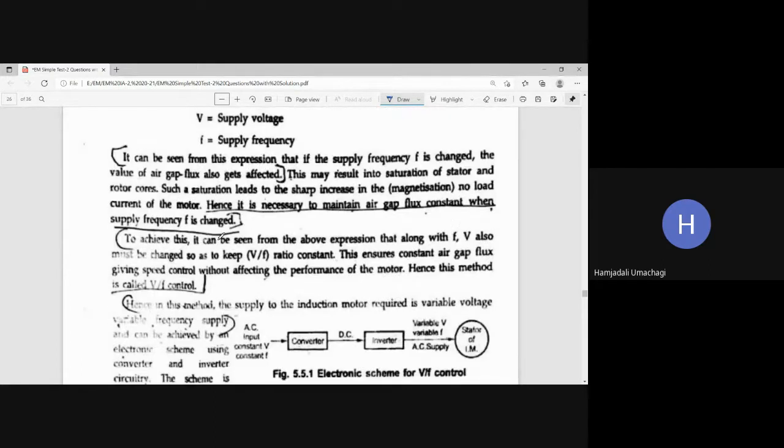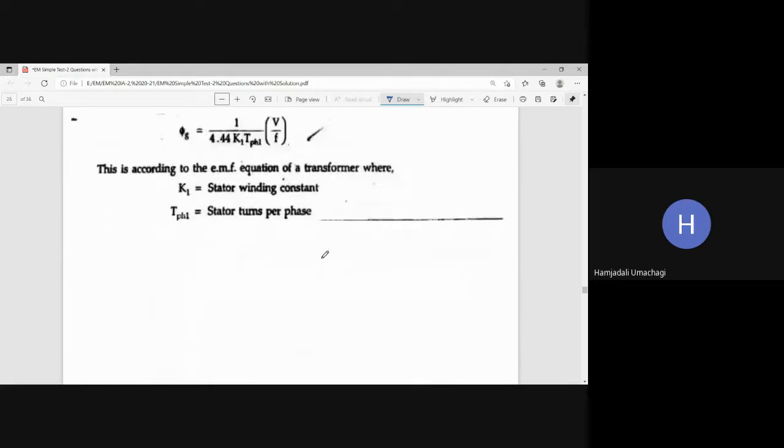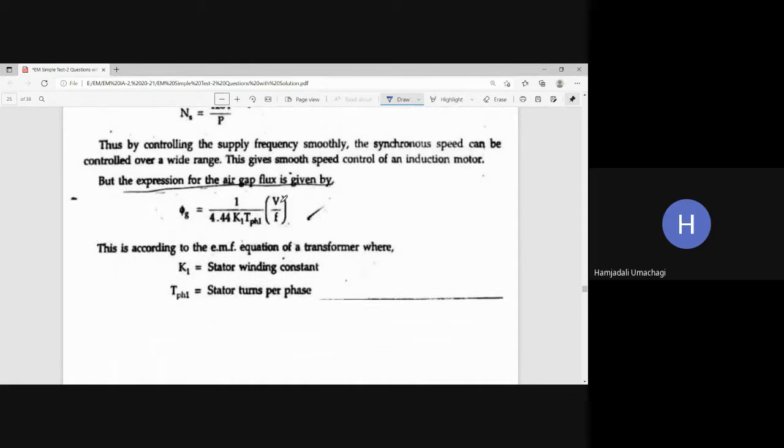To achieve constant air gap flux, it can be seen from the above expression that along with the frequency, the supply voltage V must also be changed, so that the ratio of voltage by frequency, V by f, remains constant. So don't change only the frequency alone; along with that, change the supply voltage V also. This will not cause saturation of the stator and rotor core parts, so the no load current will not increase.